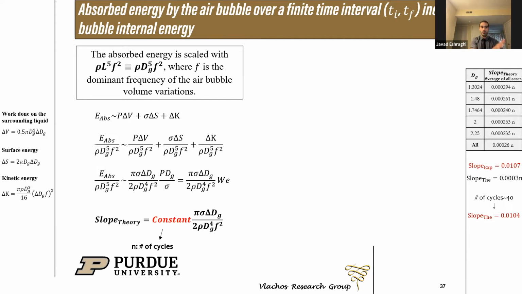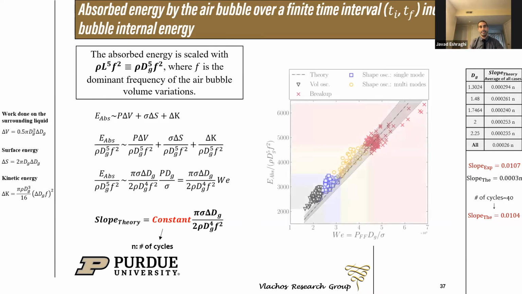When we substitute the formulations, we find a linear relationship between the dimensionless absorbed energy and a modified Weber number defined based on the acoustic intensity in terms of induced pressure that agrees with the experiments. This plot shows that the modified Weber number can determine the critical thresholds for oscillation regime transitions.